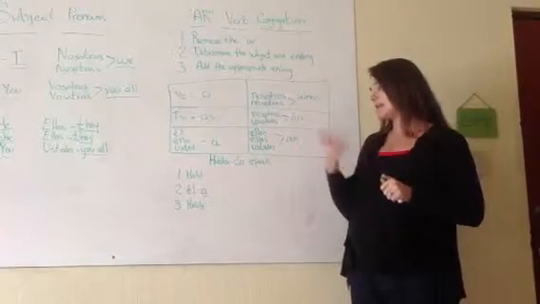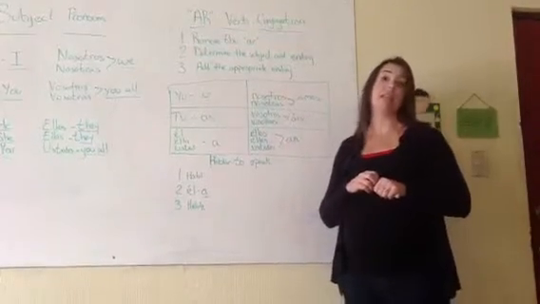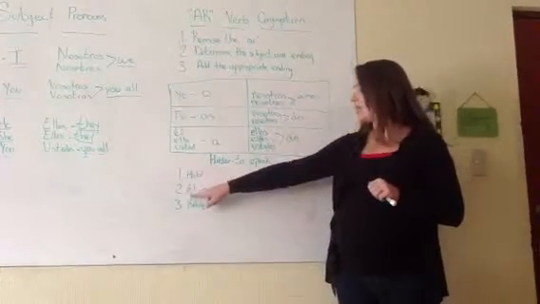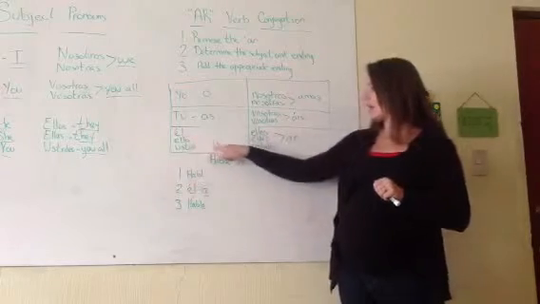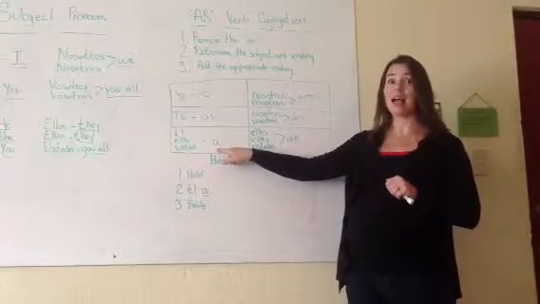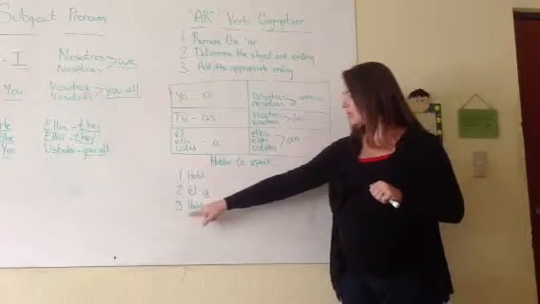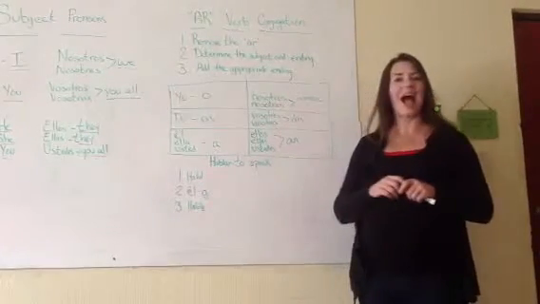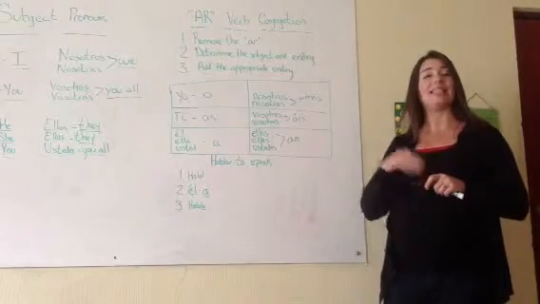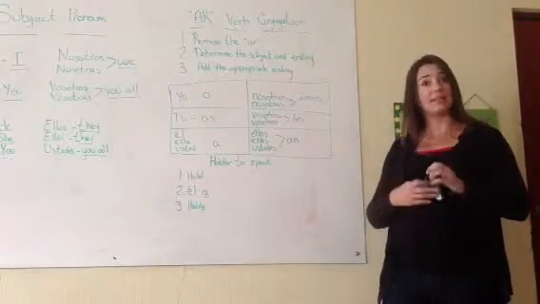So if you wanted to say, excuse me, I said I speak, but let's say he speaks. Then it's he, which is a, and the corresponding ending on your chart is a. So that's your ending, a. So you take your root, which is habl, and you add the a, habla. And now that means he speaks.